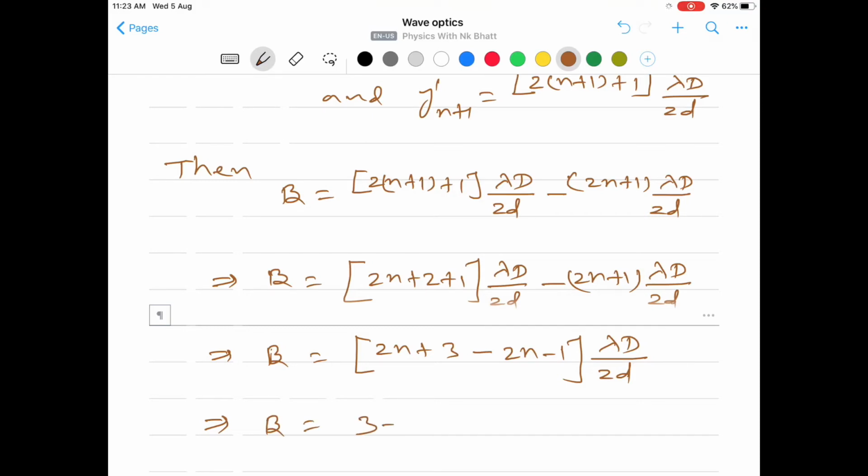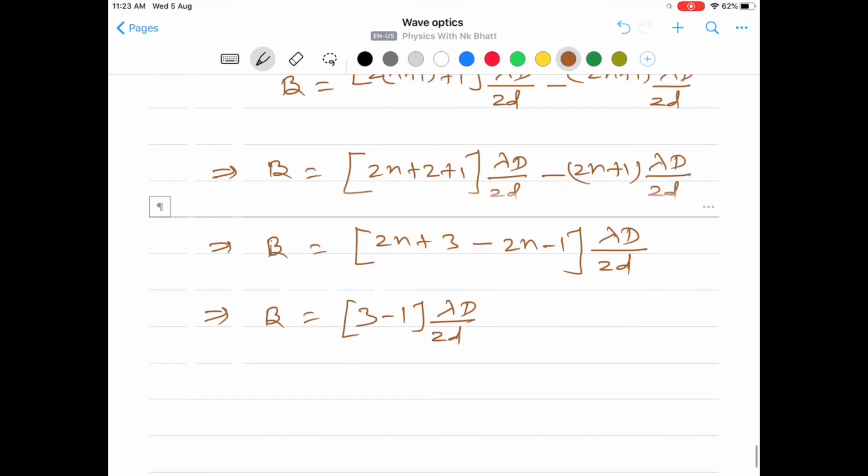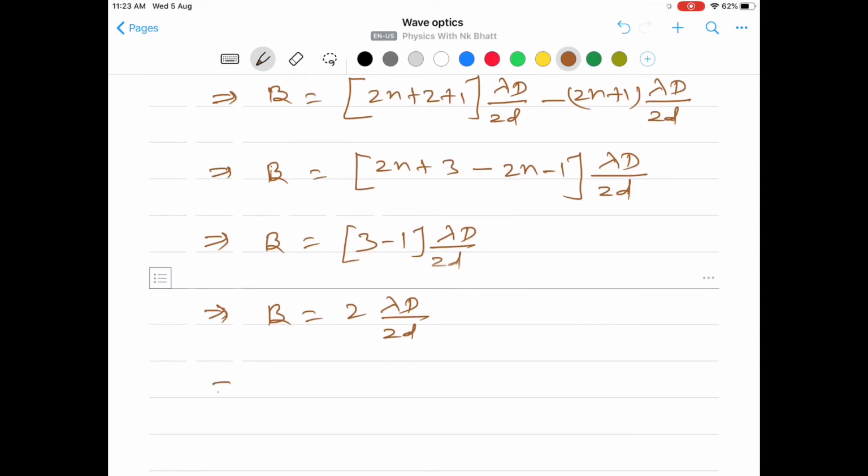So it comes to (3 minus 1) lambda D upon 2d, and 3 minus 1 is 2, so 2 lambda D upon 2d. If you cancel 2, it comes to beta is equal to lambda D upon d.